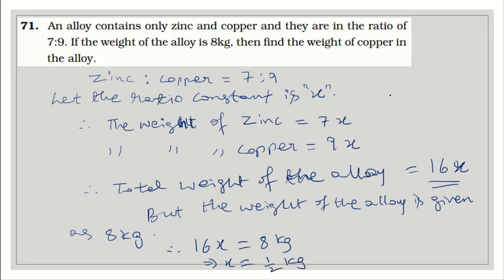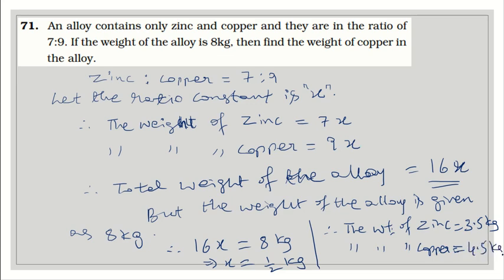Now, you can go for concluding. Therefore, the weight of zinc is 7 times half a kg, which is 3.5 kg, and the weight of copper is 9 times half a kg, which is 4.5 kg.